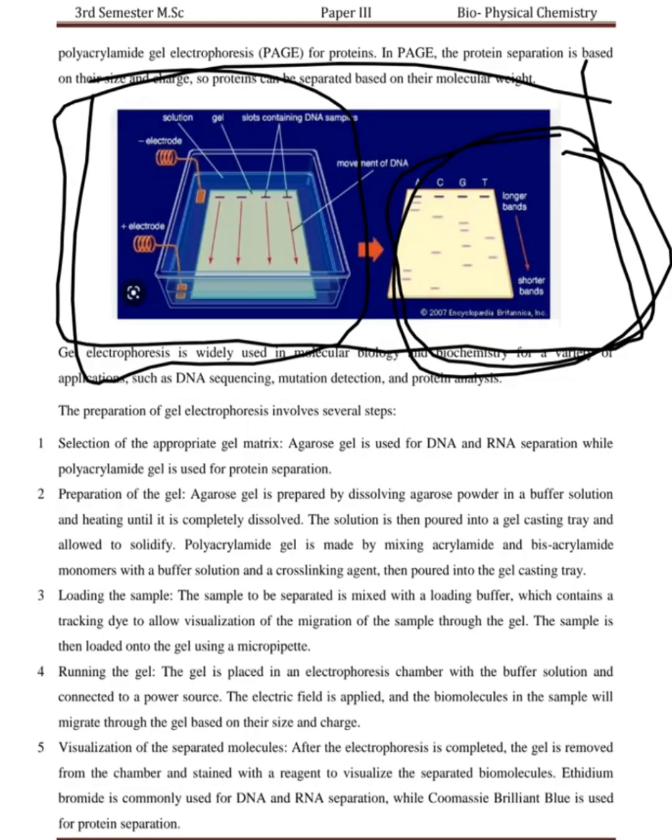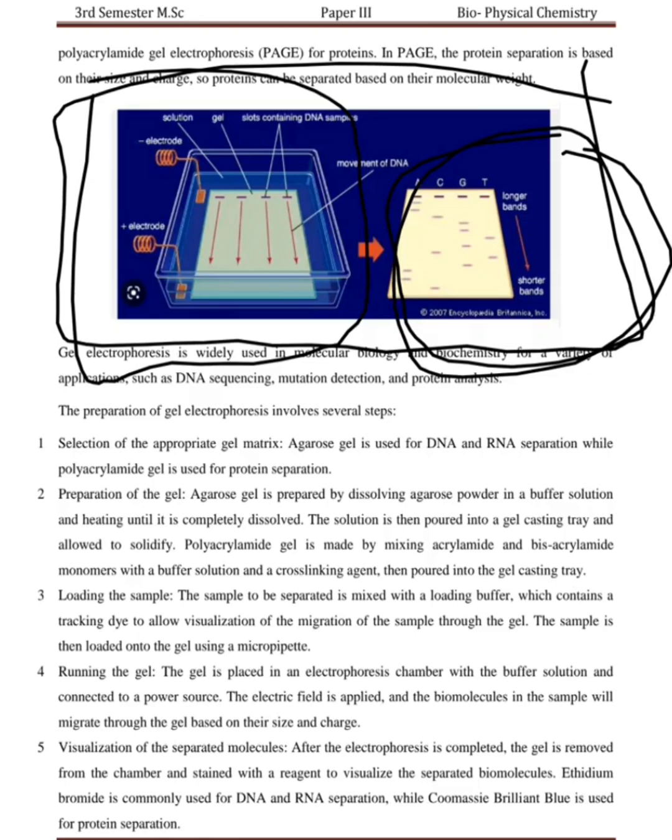Proteins are separated based on their size, charge, and molecular weight. So in gel electrophoresis there are two different methods: agarose gel electrophoresis for the separation of DNA and RNA.